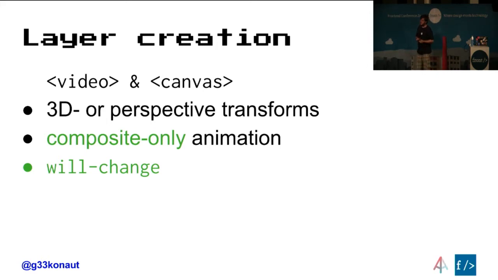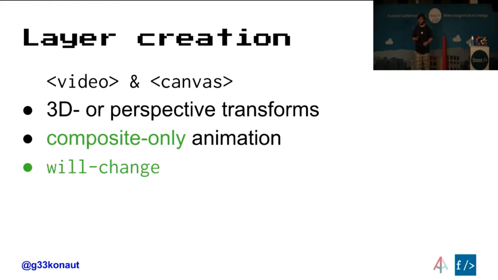Composite-only animation is animation that basically does not change layout and does not need repaint. So if you change color, for instance, that would have a repaint effect because you can't really trick around changing the color. But those animations then go onto their own layer.